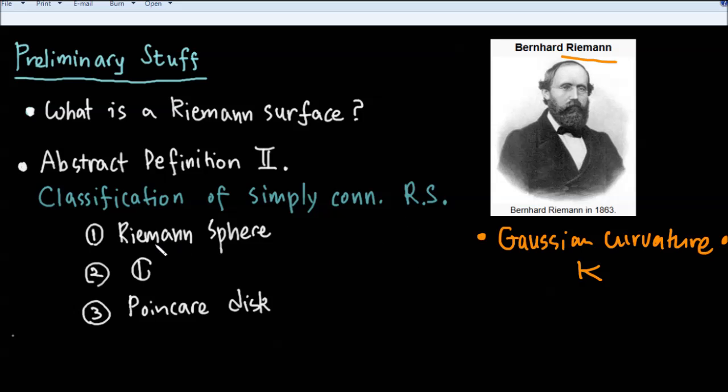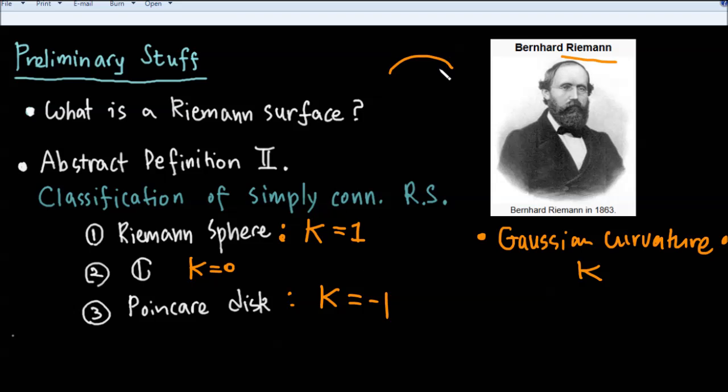It turns out the Riemann sphere, the one that we showed earlier, has constant curvature everywhere. The Gaussian curvature is 1. This one is a flat one, so the Gaussian curvature is 0. For the Poincare disk, the Gaussian curvature is exactly -1. So let me tell you the typical example of a positive curvature shape.